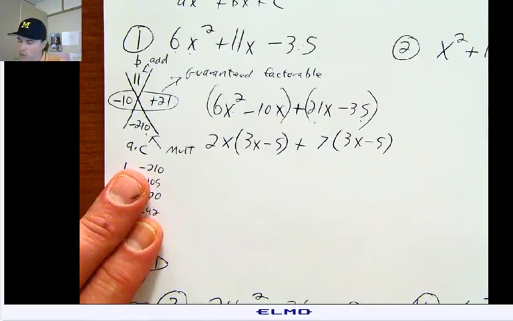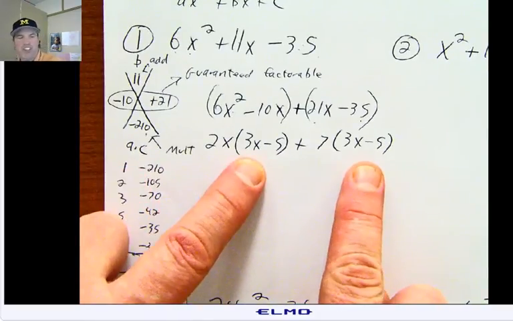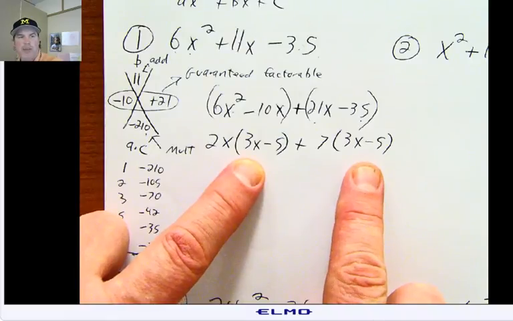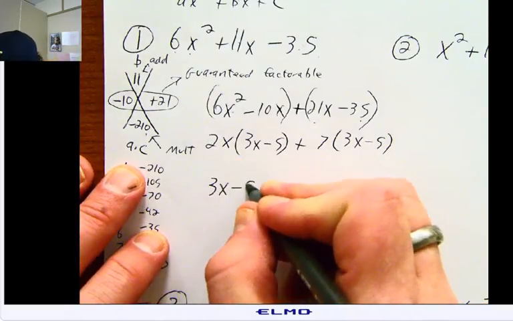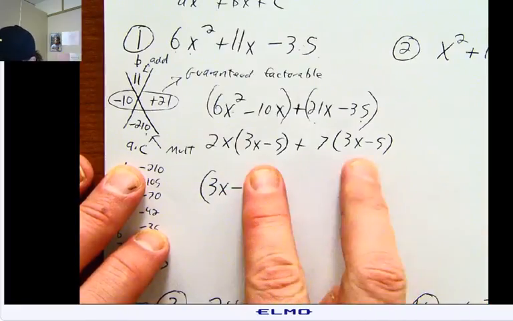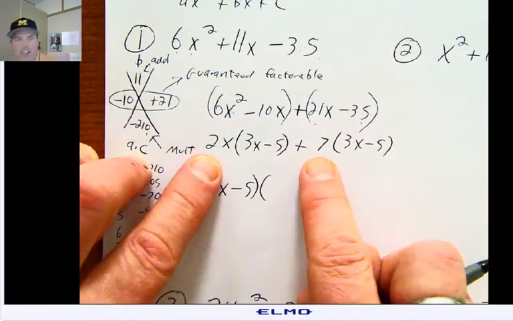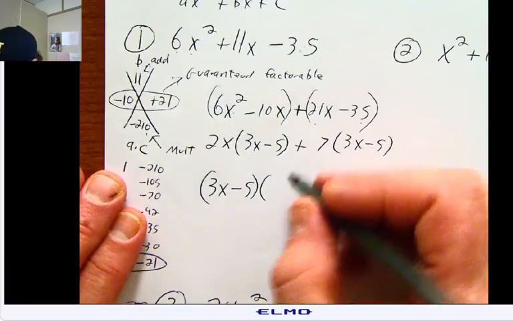Now, looking at this, you notice how these two parentheses match? That means that you have not made a mistake, and one of the answers is 3x minus 5, and the other one is the stuff that you're left behind with, which is the 2x plus 7.